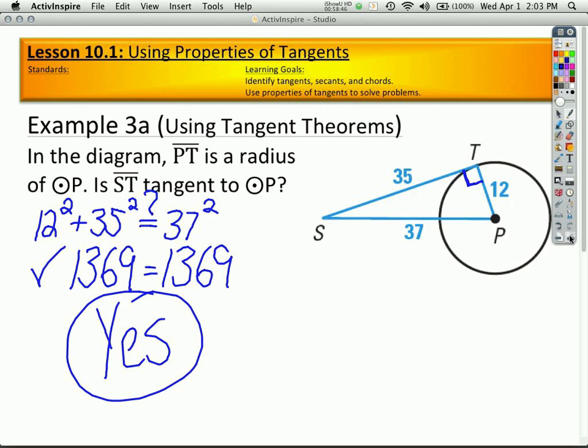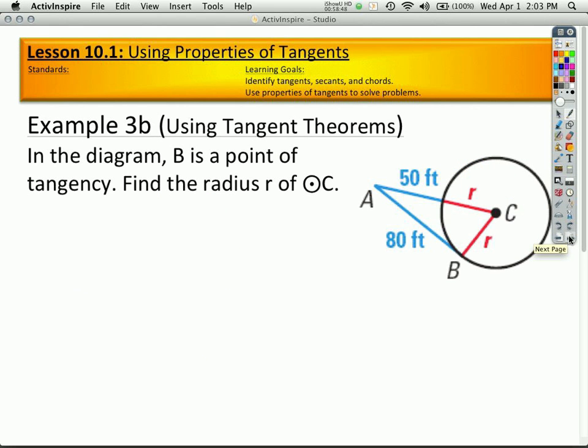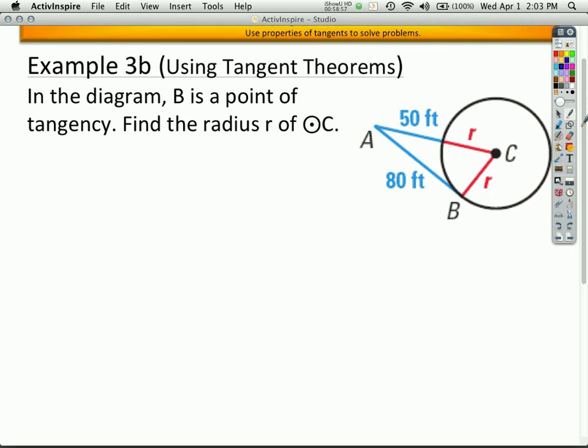Good. Let's elevate the complexity a little bit. Again, sketch the diagram. You've got a minute. Read the question, sketch the diagram.